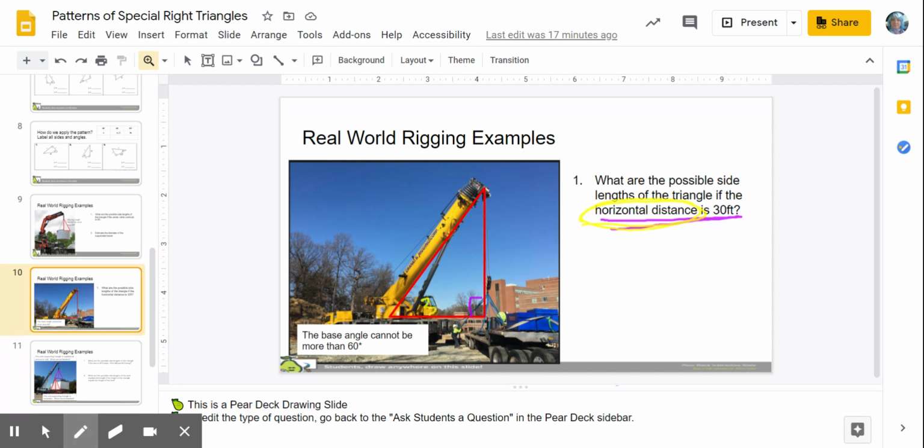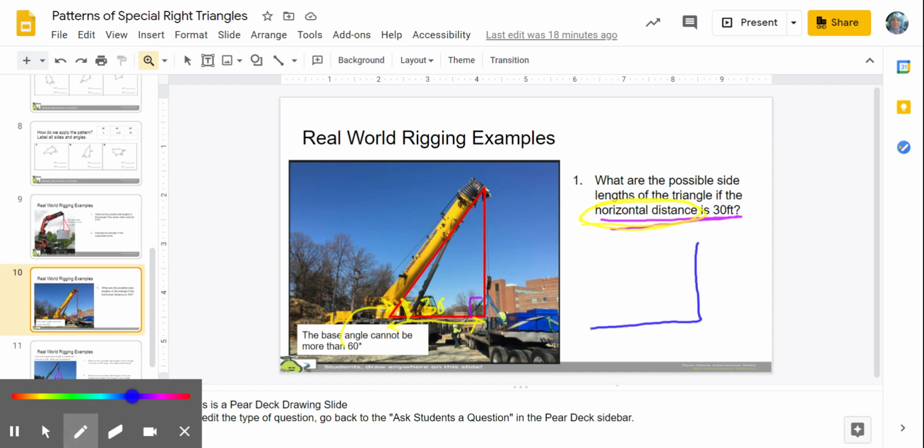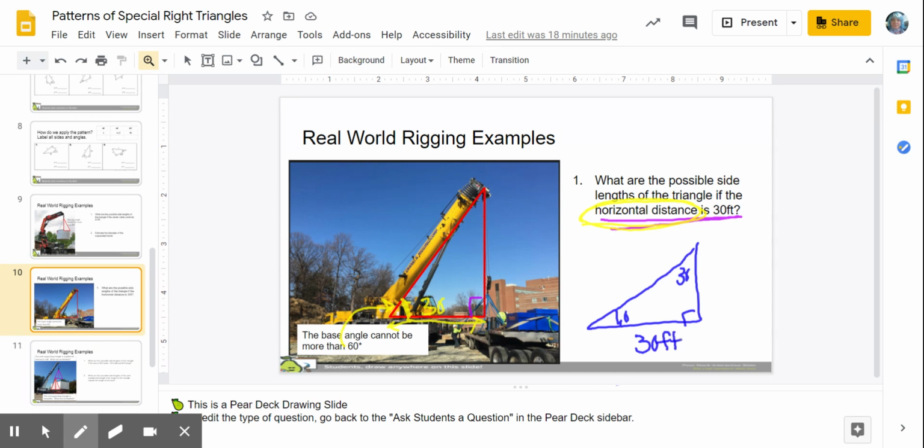So this side is 30. Right? And the base angle cannot be more than 60. So this angle right here is my 60 degrees. So if I redraw that triangle a little bit, if this one is 60 and this is right, that means this is 30. And we said this was 30 feet.